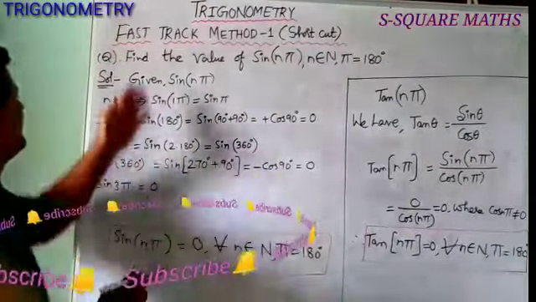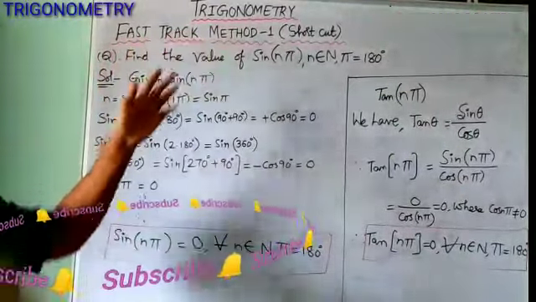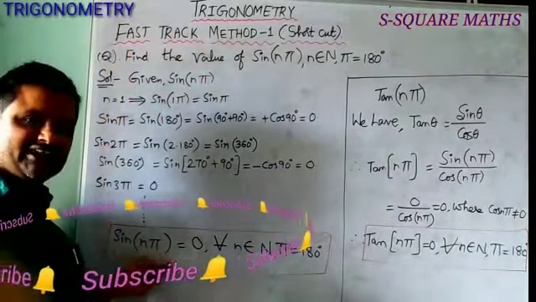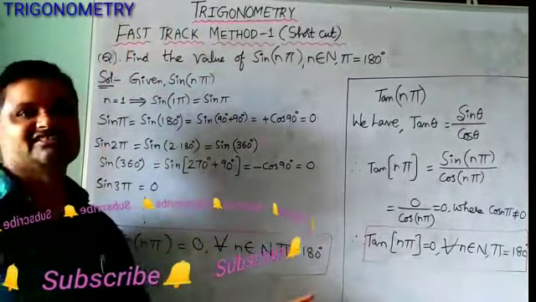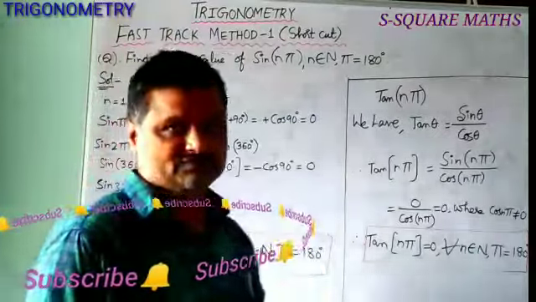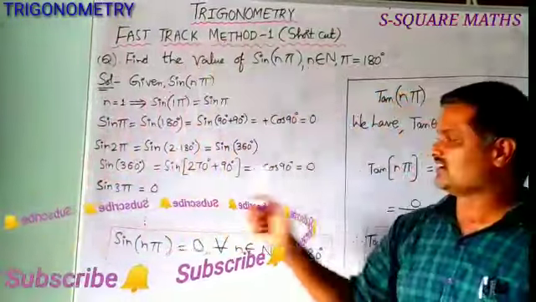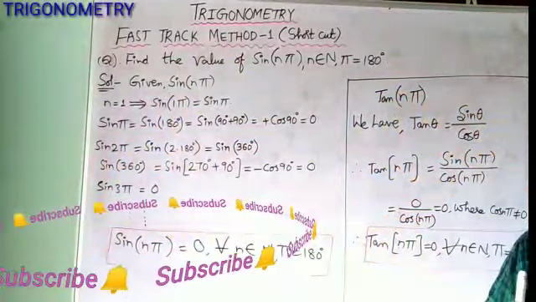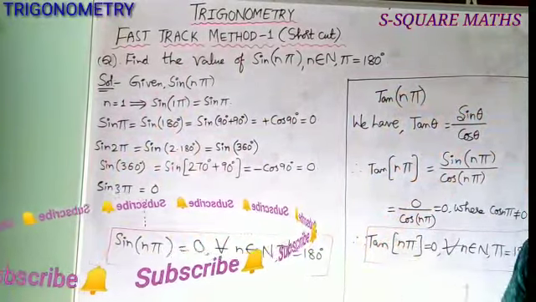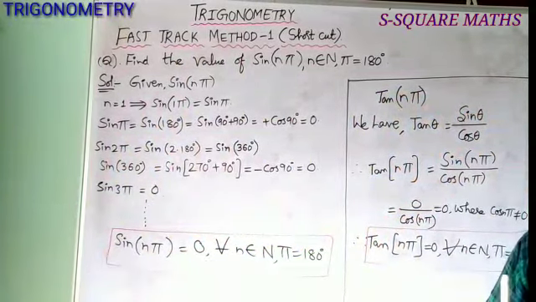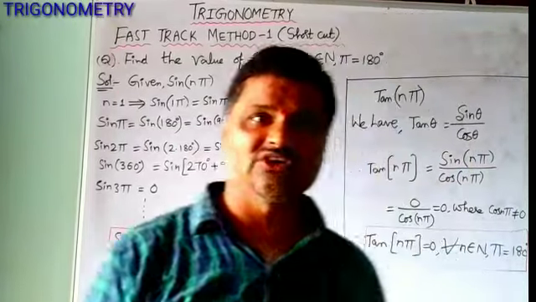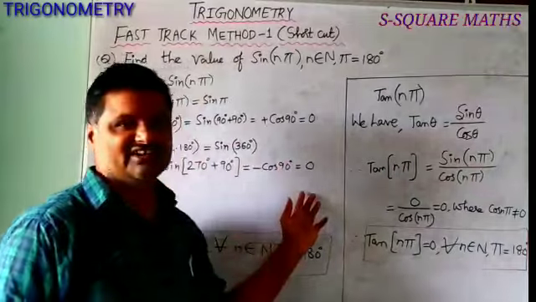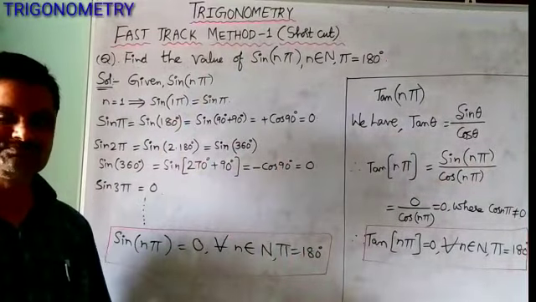In this way, there is a fast track or shortcut method to determine that any multiple of pi under sine and tan gives 0. This is a shortcut method for trigonometry, which is very applicable for intermediate, MSET, IIT foundation level, Olympiads and IIT JEE Mains also. No need to find the values specifically, just apply the shortcut.